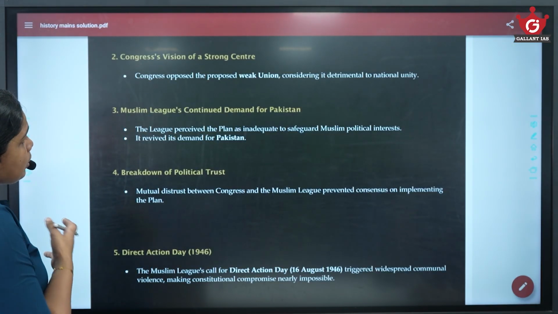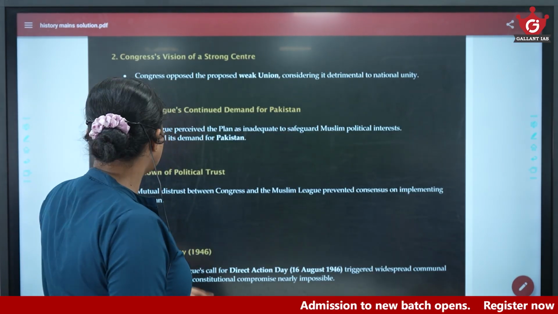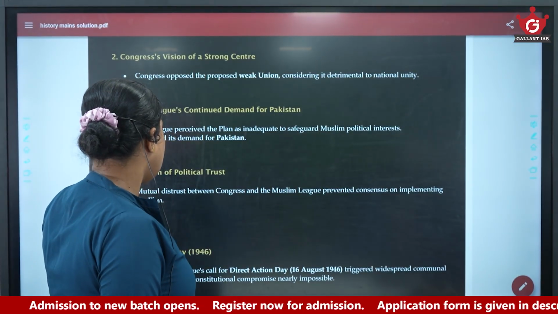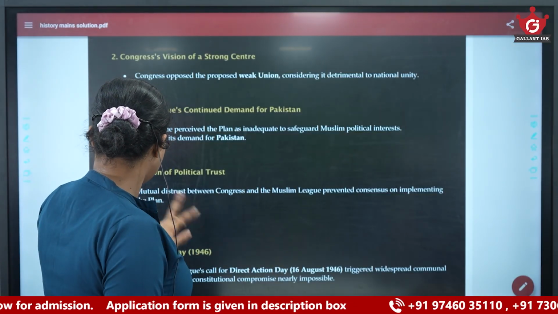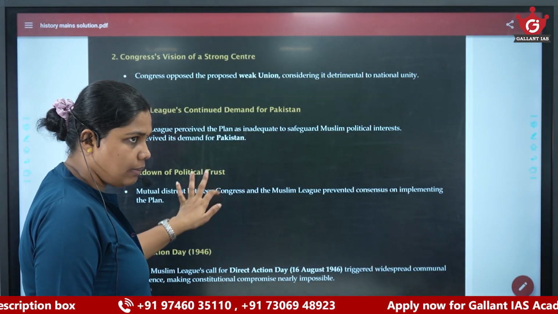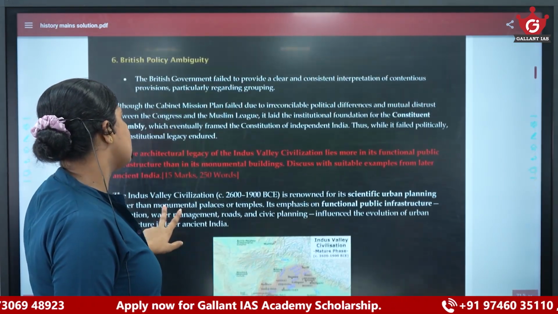Then the Muslim League's continued demand for Pakistan. That was again a problem. Breakdown of political trust between Congress and Muslim League was another problem. Then you can talk about Direct Action Day, how the Muslim League called for it, and the British policy ambiguities.